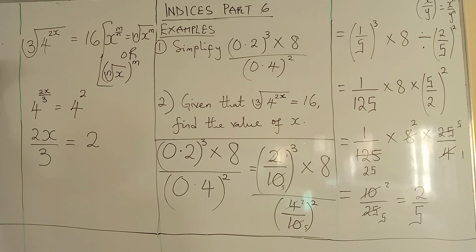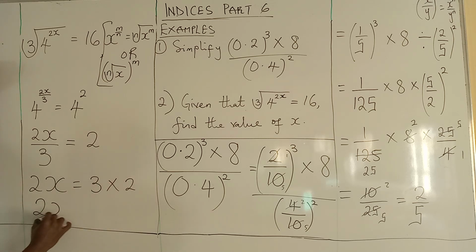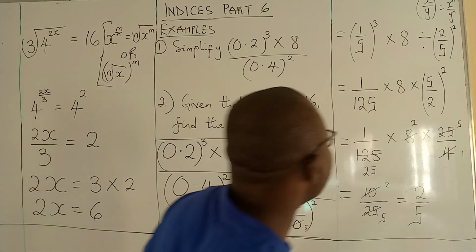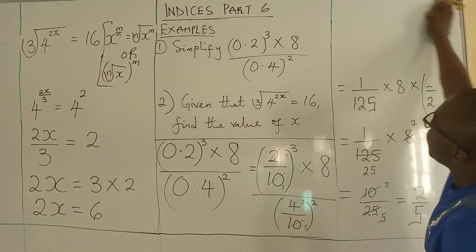And so at this point, we can cross multiply. If we cross multiply, we have 2x is equal to 3 times 2. And so 2x is equal to 6. Our aim is to find the value of x.